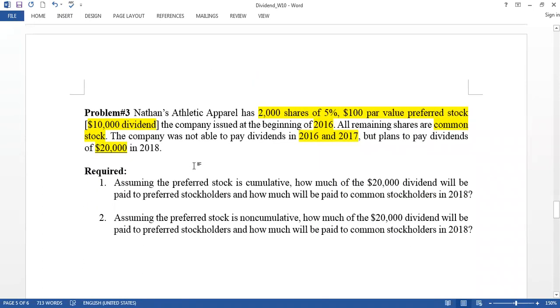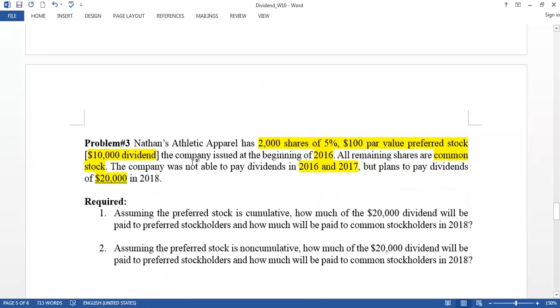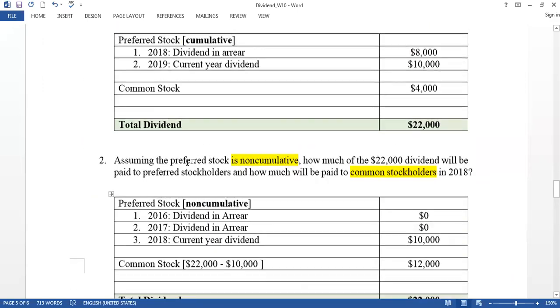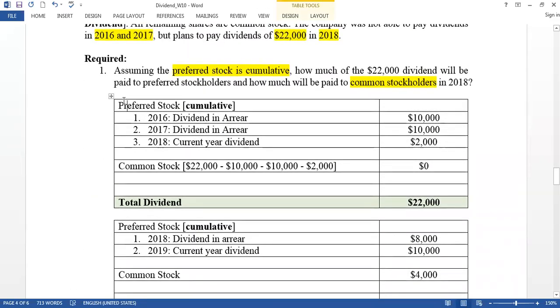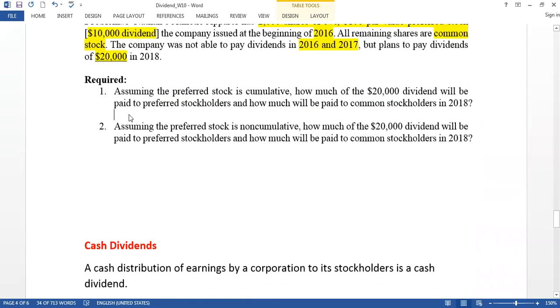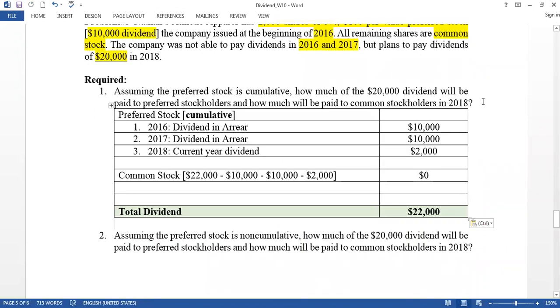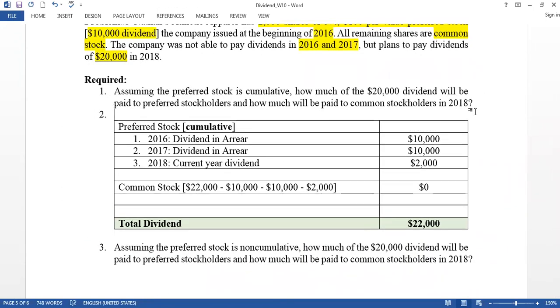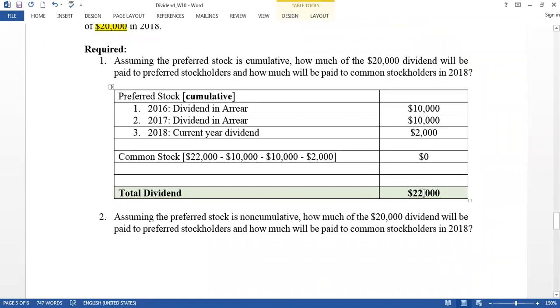Now how to allocate this $20,000 for cumulative and non-cumulative? This is the same question, but the only change is here.